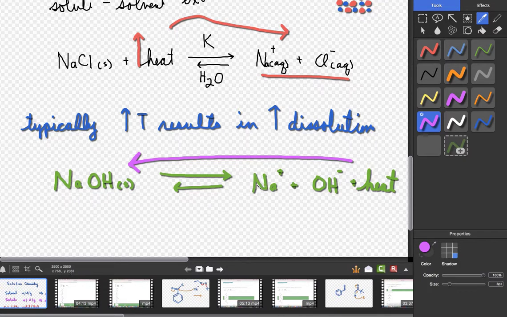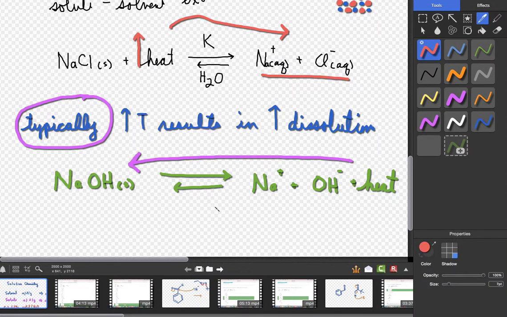So as a point of practicality, if you're trying to make a solution of NaOH in the lab, you let it cool on ice and you get a more complete dissolution process. So point number one, when we're talking of dissolving a solid in a liquid, increasing temperature typically, not always, but typically results in increased dissolution.